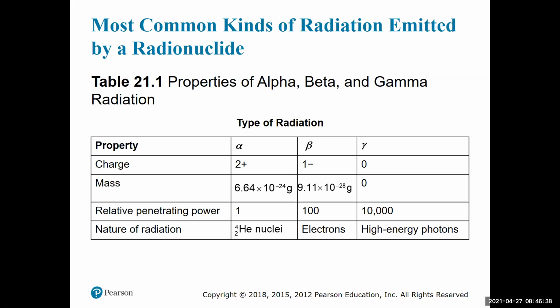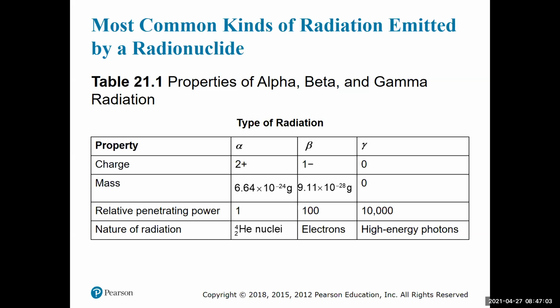And they have some different properties that it's important that you know. So the top row here, we have the symbols for alpha, beta, and gamma, okay? On the left-hand side of the table, in that first column, we have the properties. We have charge, mass, relative penetrating power, and then the nature of the radiation.